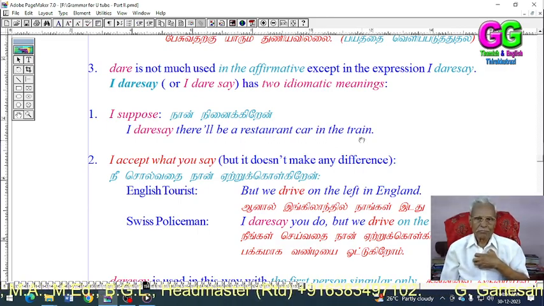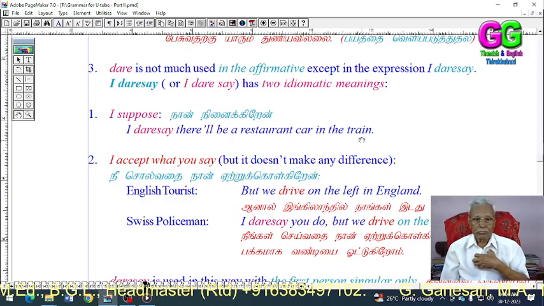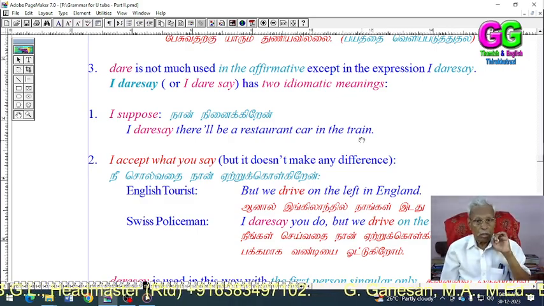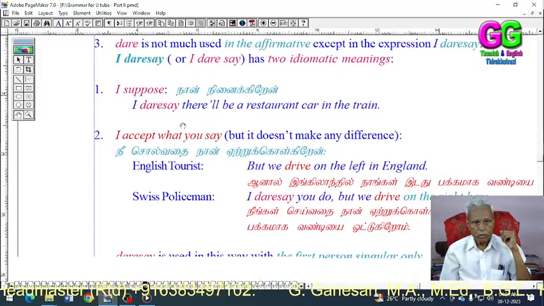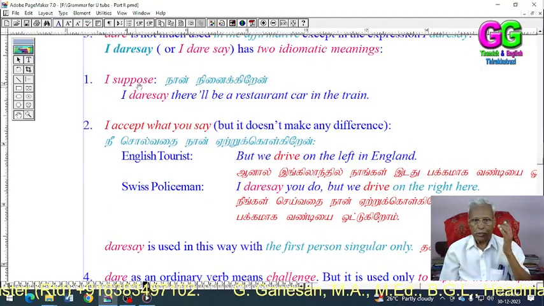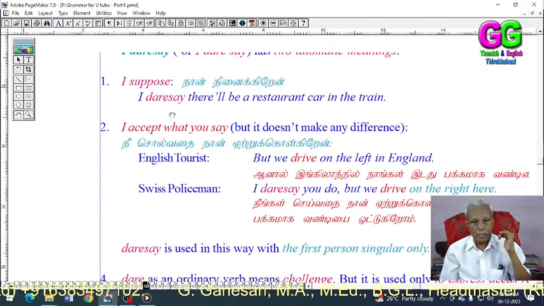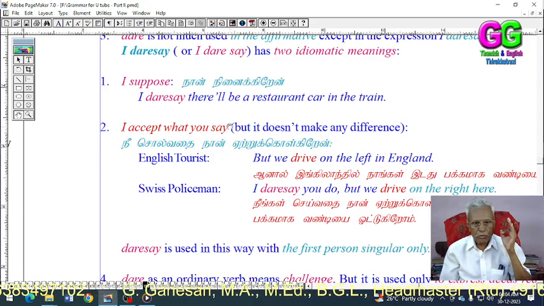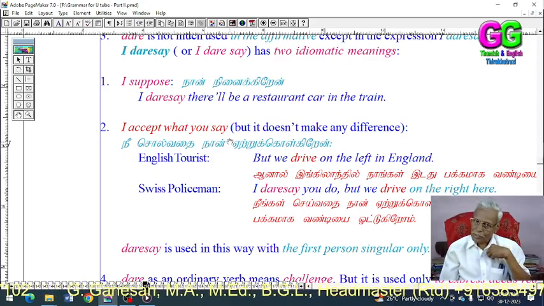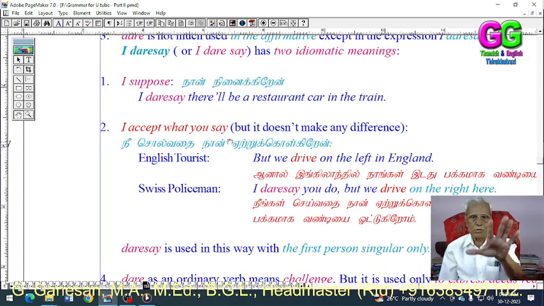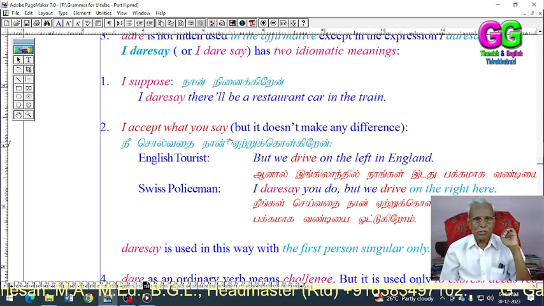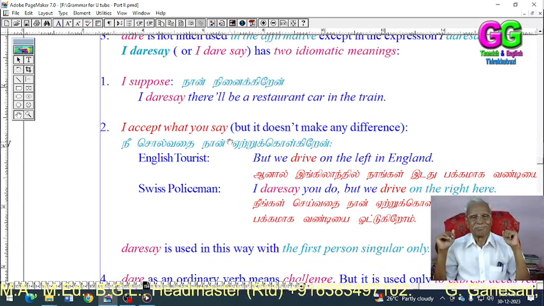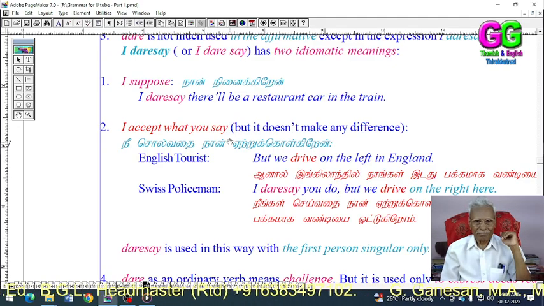I assume there will be a restaurant car in the train. The second meaning is I accept what you say. That is, I agree with you.